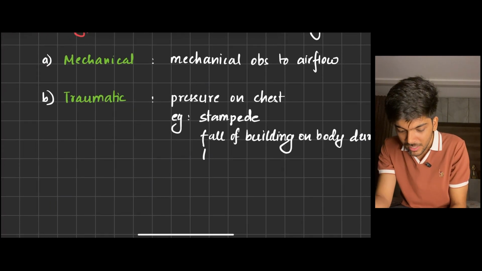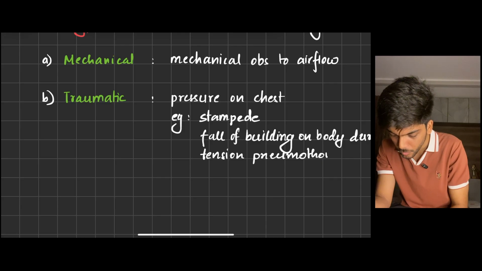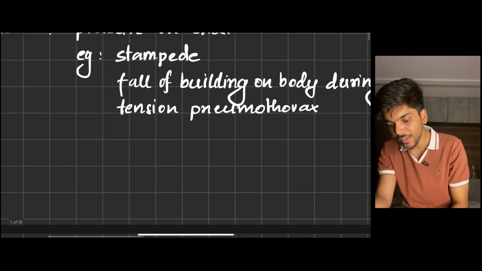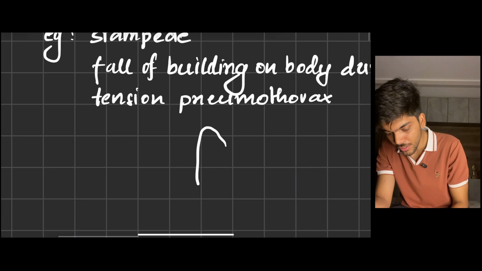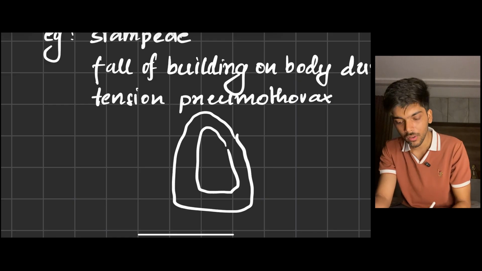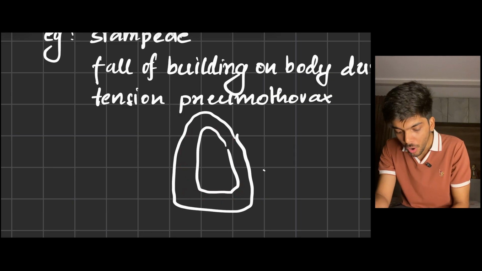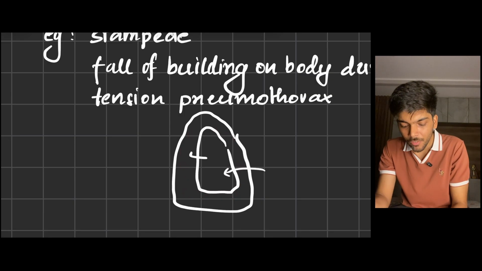Another is tension pneumothorax. What is tension pneumothorax? See, in tension pneumothorax, here's your lung, here's the pleura around the lung, and then in between is the pleural cavity. Due to trauma to the lung, the air from inside the lung escapes into the pleural cavity.